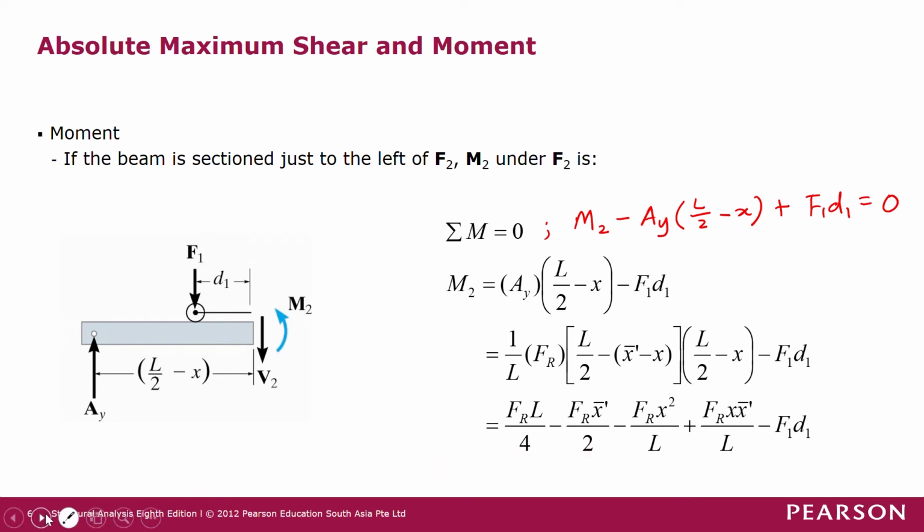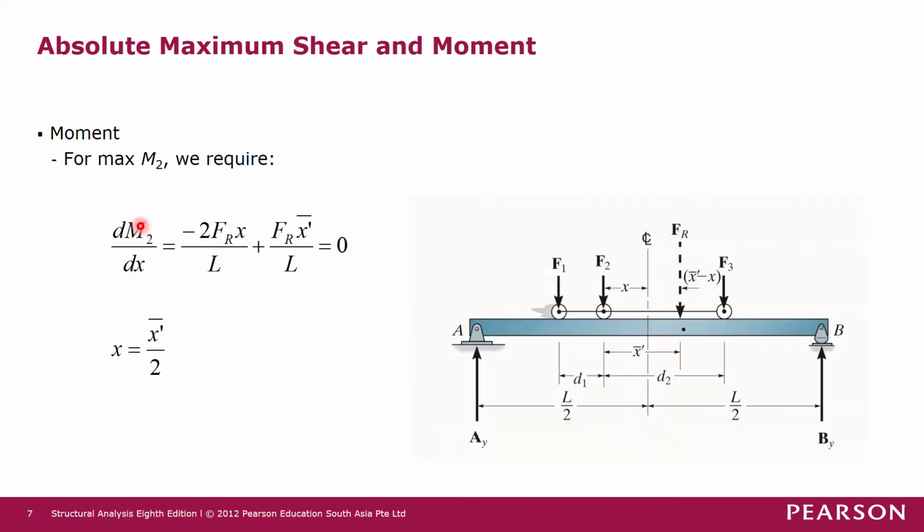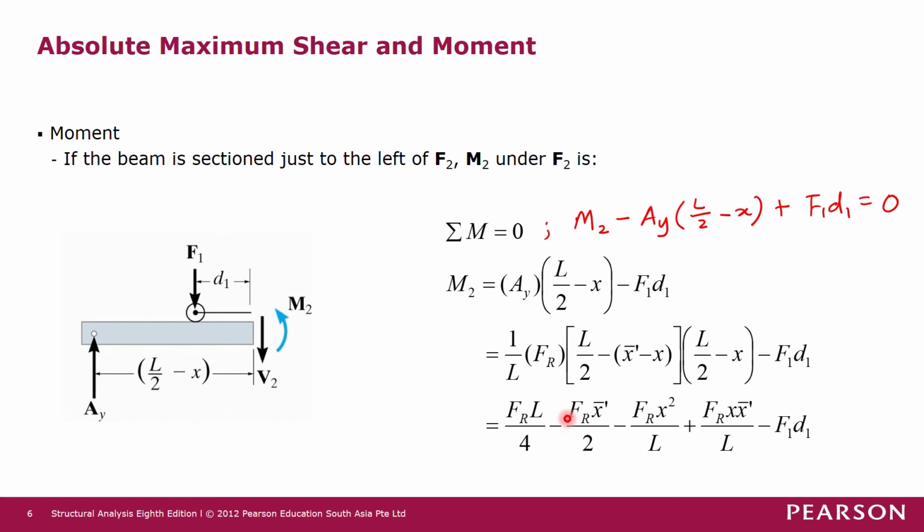In order to get the maximum value of M2, we need to differentiate M2 with respect to x. The dM2/dx: you will have a constant, so when you differentiate this, it becomes 0. When you differentiate this, it also becomes 0 because x bar prime is a constant. The only variable is x.